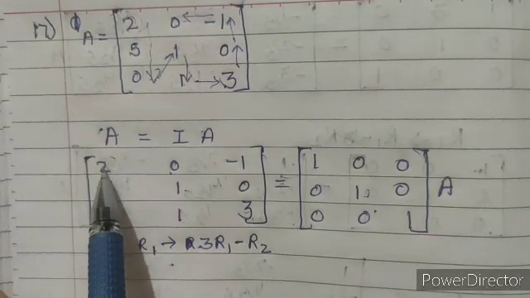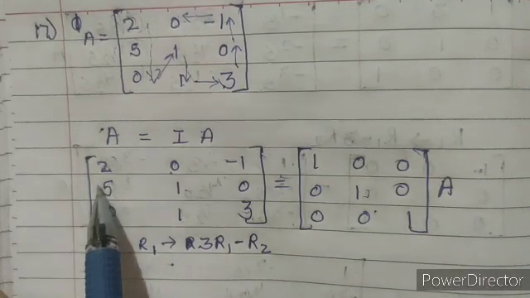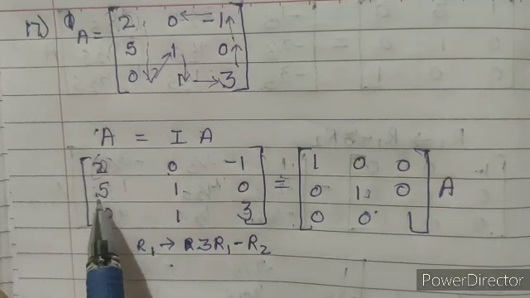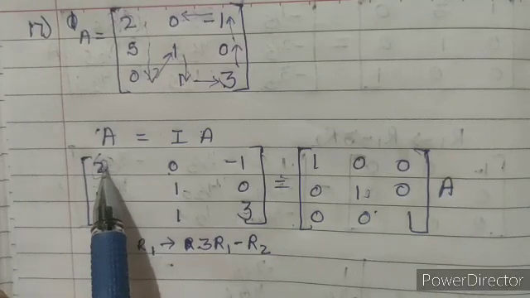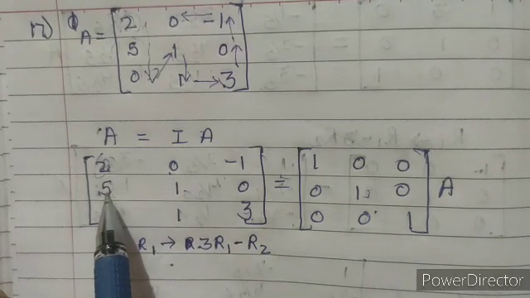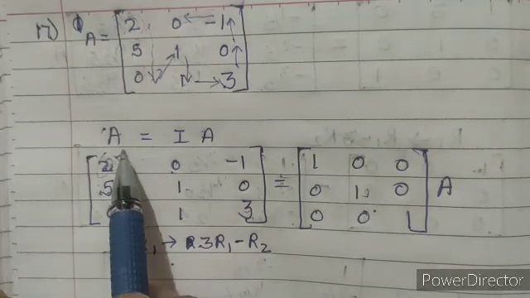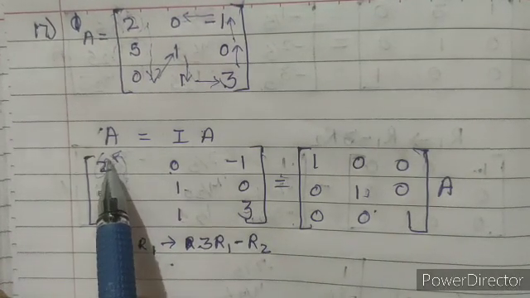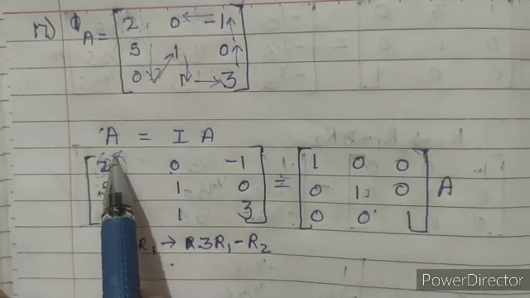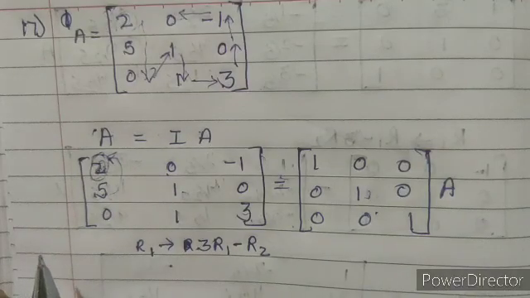That means 3 into 2 will be 6 and minus 5 will give us 1 here. Also, first we can interchange row 1 and row 2 so that the 5 becomes the first element of row 1, and then 5 minus 4 will give us the first element as 1.